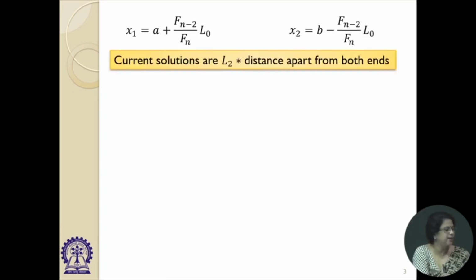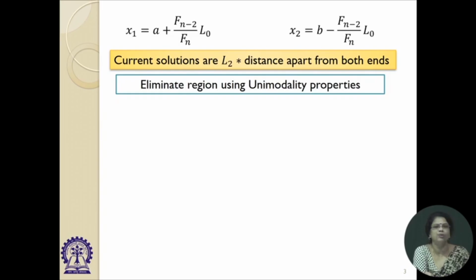That is why the guideline is that the current solutions are L2 star distant apart from both the ends. Next, we will eliminate the region using the region elimination strategy. I will get the new interval of uncertainty as L2.